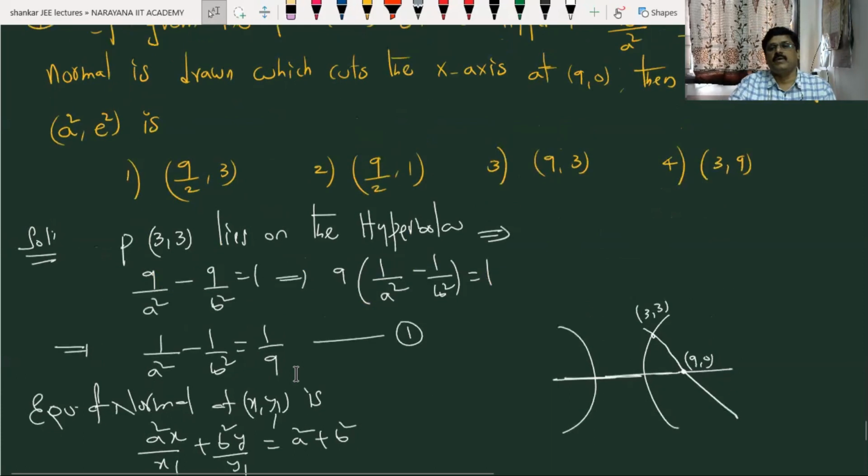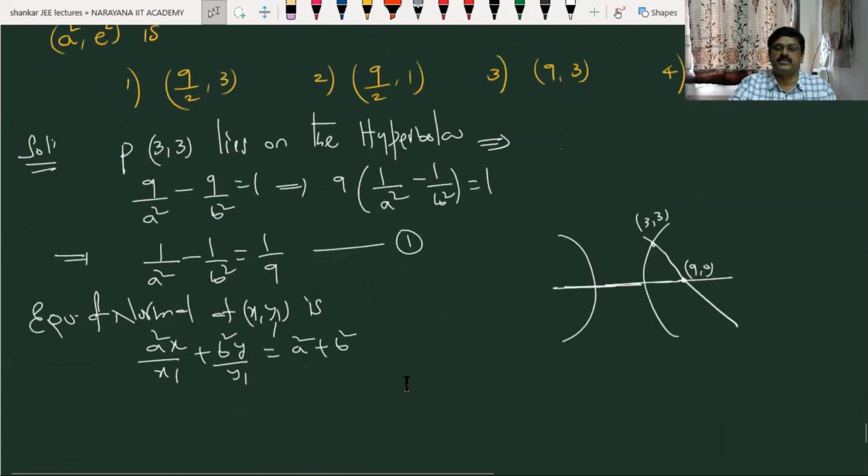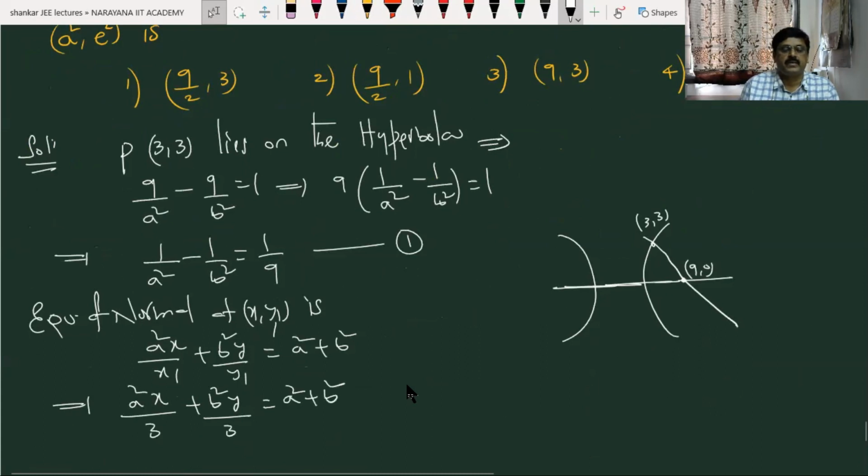Here normal is drawn at 3 comma 3 means x1 comma y1 is 3 comma 3. So I am going to substitute there. a square x upon 3 plus b square y upon 3 is equal to a square plus b square. This so-called normal is passing through 9 comma 0, students.